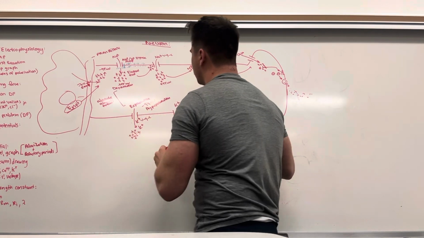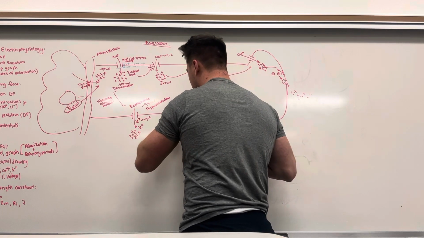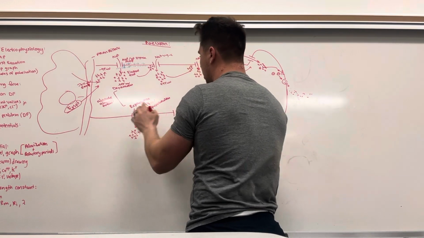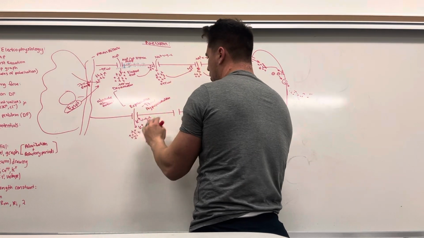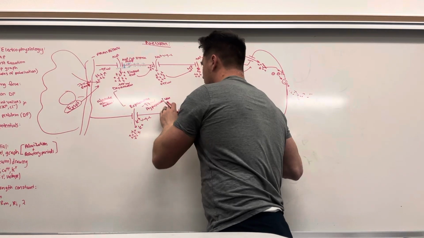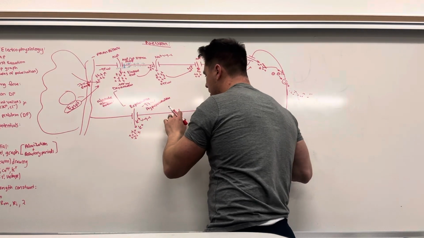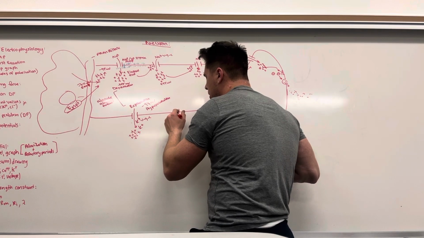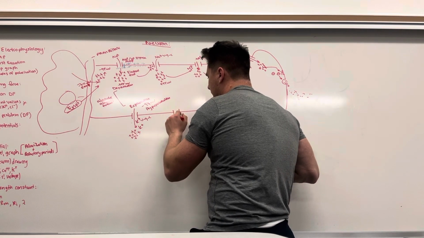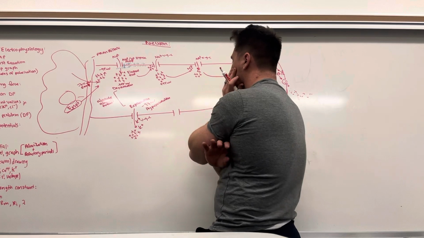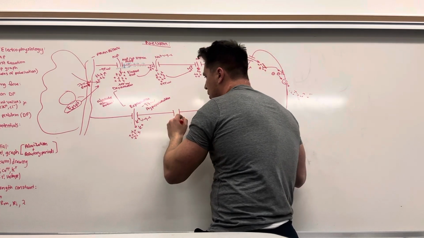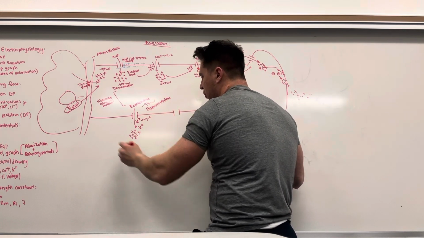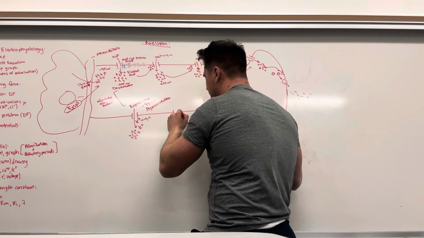We call that hyperpolarization. For simplicity, I'm not going to draw one and one and one, I'm just going to show how it does it down here. You end up getting this hyperpolarization state.